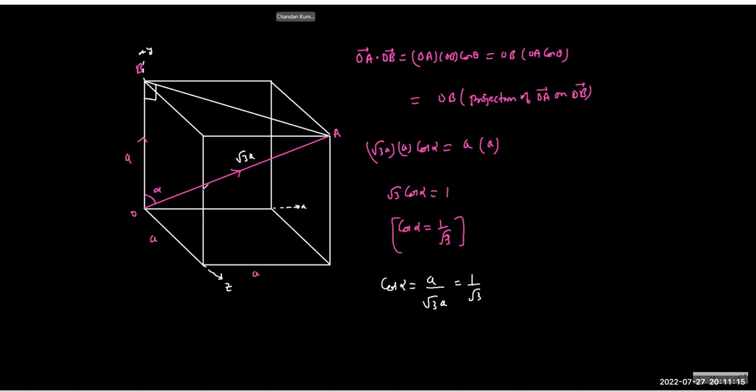So all angles will be alpha. You cannot visualize them as equal, but they are equal. You have to believe that they are equal, because we are drawing a 3-dimensional picture on a 2-dimensional plane. So the image will get distorted. You cannot see the reality. Okay. So anyway, let's do some other problem.